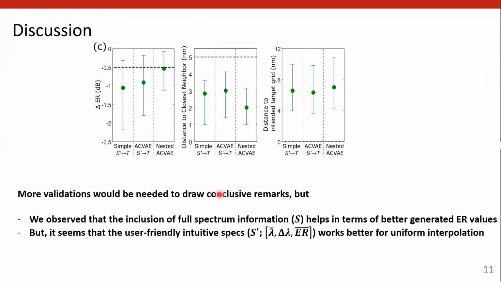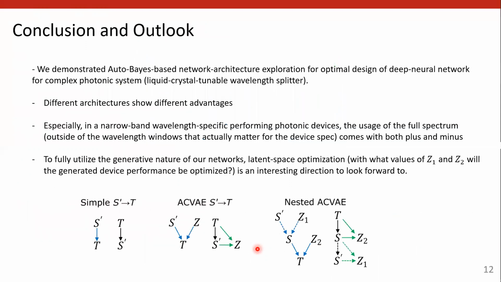As I mentioned, of course, we need more validation, but at least for now, with our data, we can conclude that the inclusion of the full spectrum information helps in terms of better generated extinction ratio values, but for uniform interpolation in the wavelength spec parameter space, it's better to use these simpler, user-friendly, intuitive information.